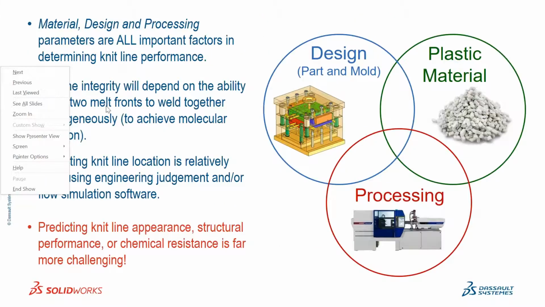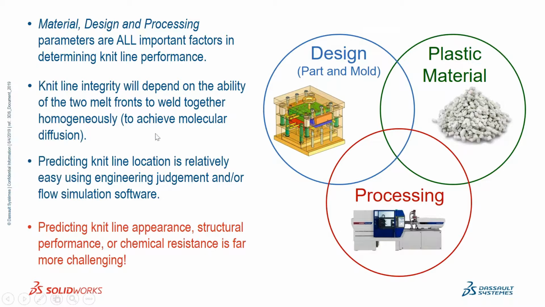Okay, and we'd kind of like to take a holistic approach here and think about all the factors involved. Certainly the design of the part is probably the most significant thing in determining the locations of the knit lines. But we're also concerned about how the material itself affects the knit line. Knit lines are a problem with some materials more than other materials.